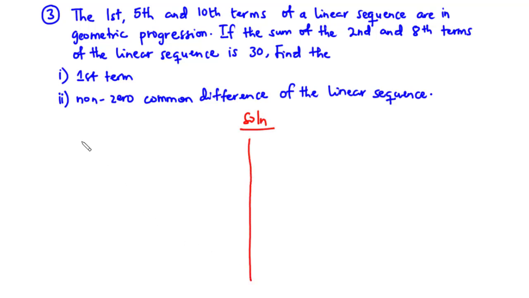Okay, so we are told that the first, fifth, and the 10th terms of the linear sequence are in geometric progression. Now let's write down the first, the fifth, and the 10th terms of this linear sequence.